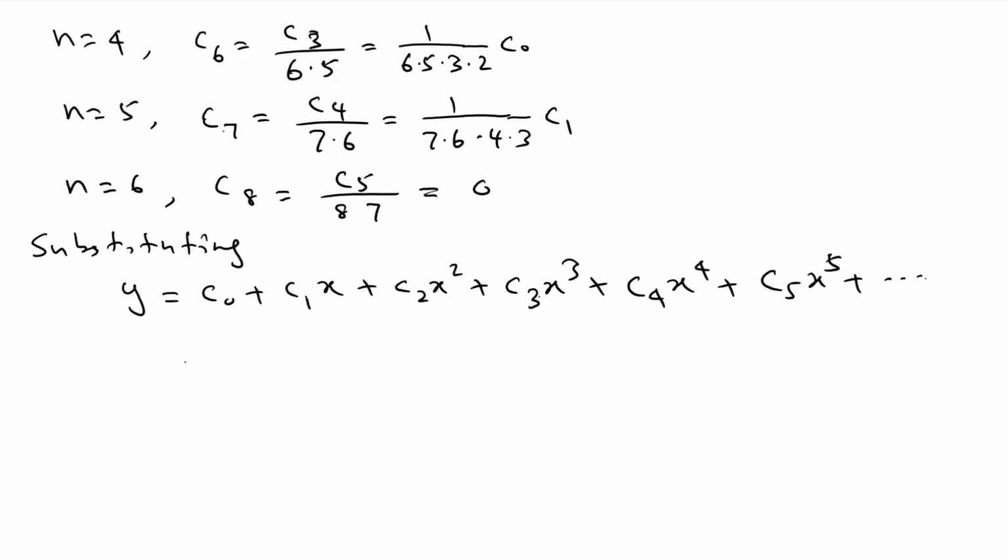You can see that some of the terms, for example c2, is 0, and also c5 is 0, and so on.